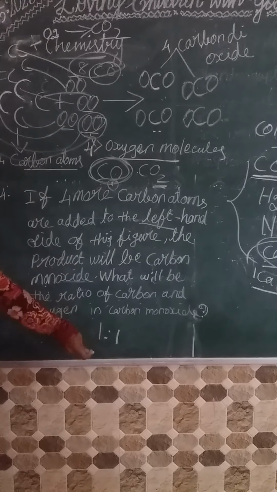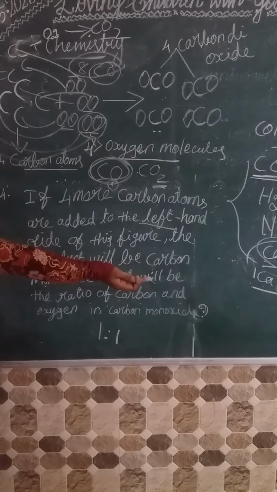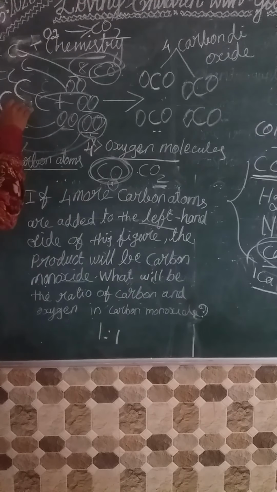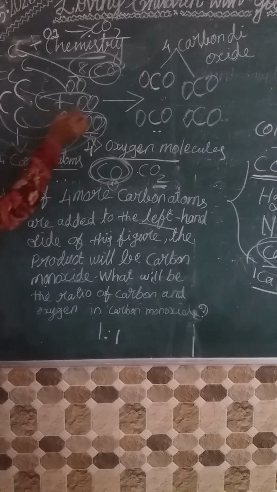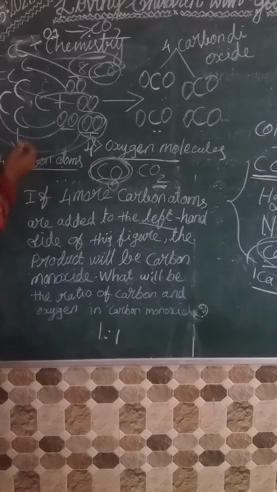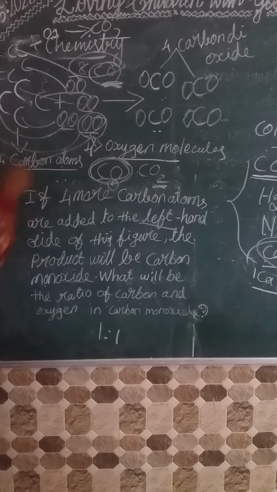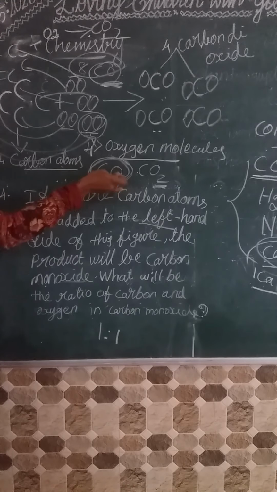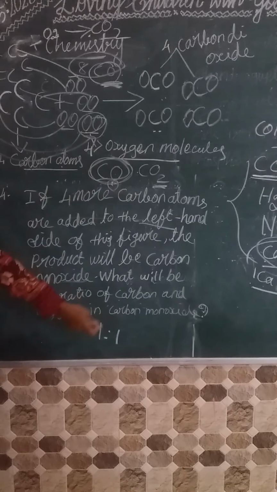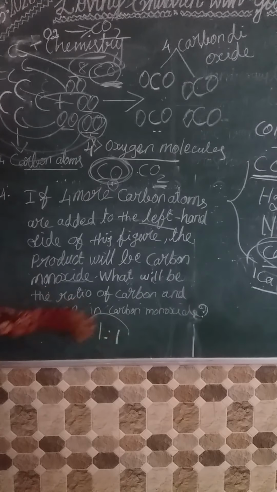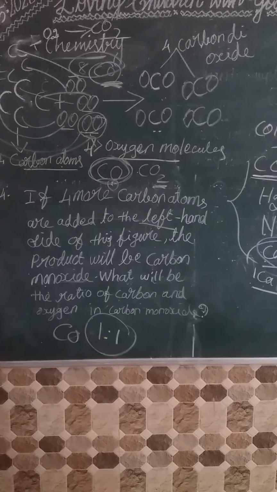When we add 4 more carbon on the left side in this figure, all the carbon will take one oxygen, so it will give carbon monoxide. 1 carbon and 1 oxygen. This is the carbon monoxide ratio.